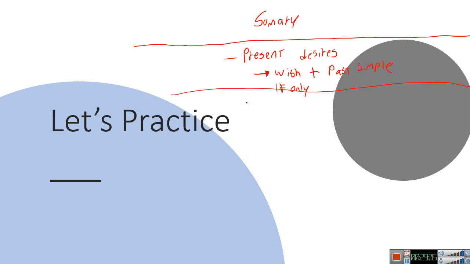Now let's talk about past desires. So for past desires, I can also say wish and if only, plus, tell me, past simple, present perfect, present continuous? Past perfect.